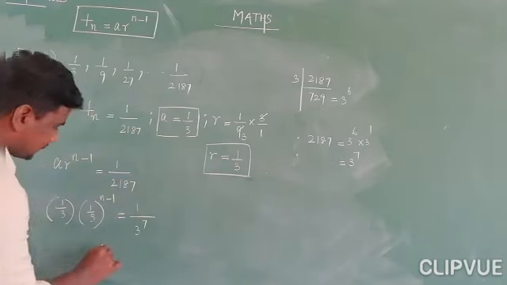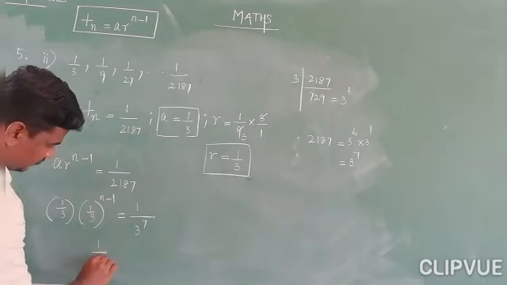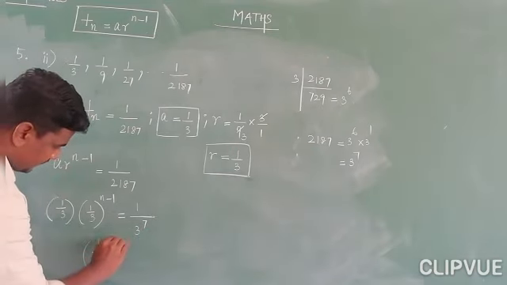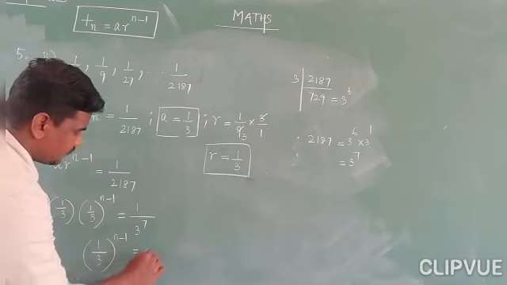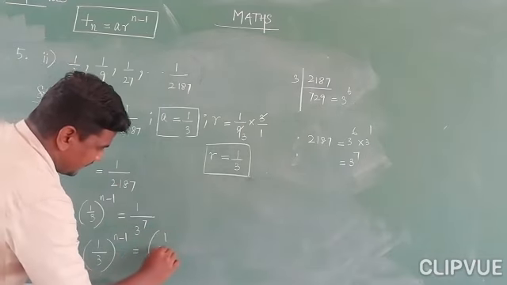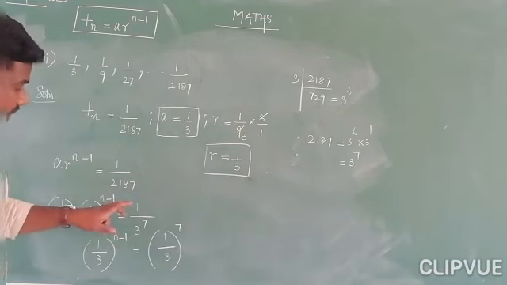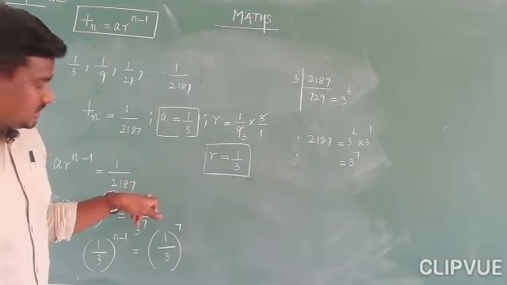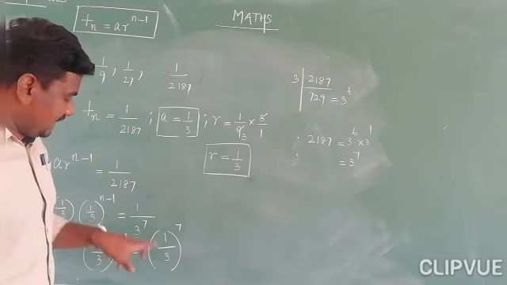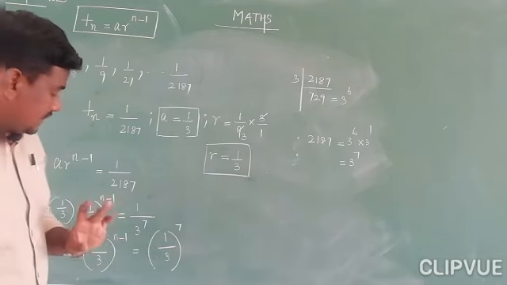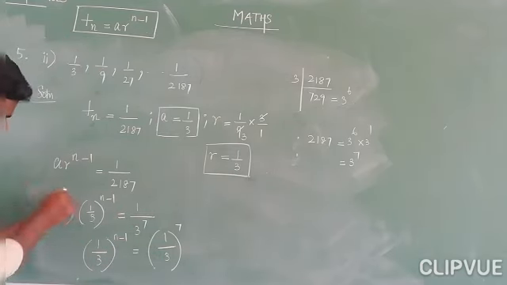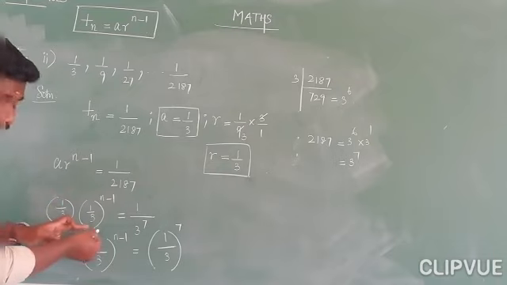So next, 1 by 3 whole power n minus 1 is equal to, I am going to write it as, 1 by 3 whole power 7. And this 1 by 3 on the left hand side is multiplied by this number.